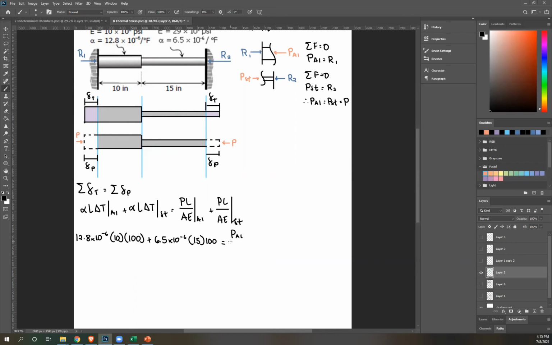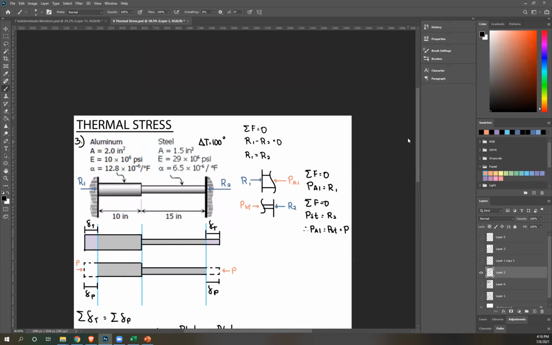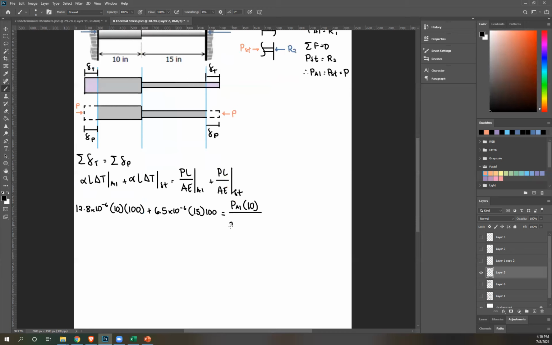So PAL, PAL aluminum. Original length again of aluminum is 10. Area of aluminum is 2, and then 10 times 10 raised to 6. Okay? And then plus PST, original length 15.